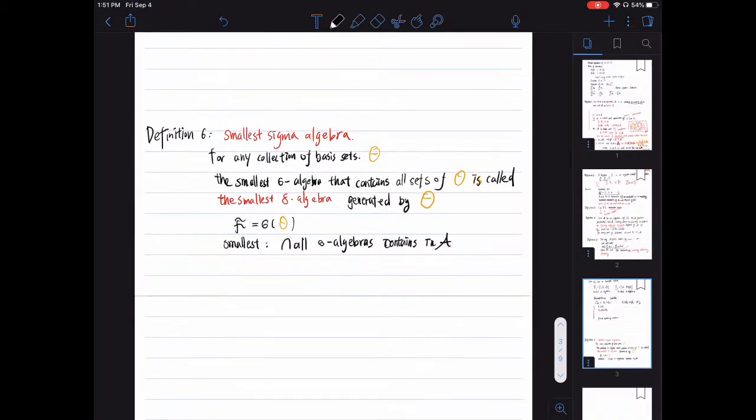And we can use this sigma function to denote the process of generating a sigma algebra from a collection of sets. Another way to describe this smallest sigma algebra is to say that if we take the intersection of all sigma algebras that contain theta, then that's going to be the smallest sigma algebra.